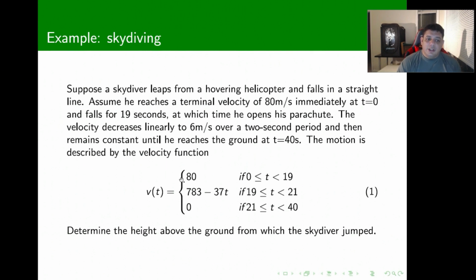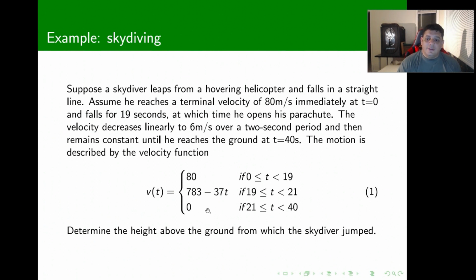So initially it goes at terminal velocity of 80 meters per second for the first 19 seconds. Then after that, over 2 seconds, it's going to follow a linear relationship, reducing, and then after that there is not going to be any change in the velocity.